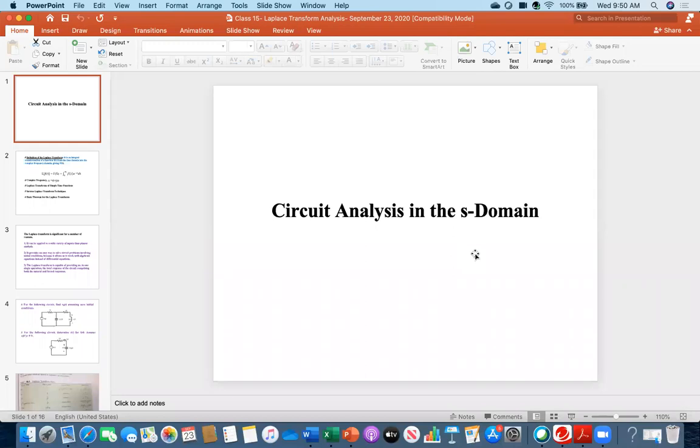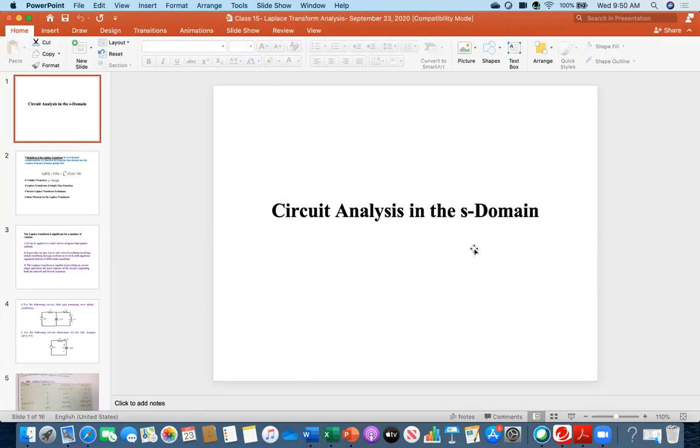But there is a little difference from that signals and systems course. There you learned how to calculate the Laplace transform, how to apply it, and the inverse Laplace transform. But in this course, we will be applying that Laplace technique to solve circuit problems.